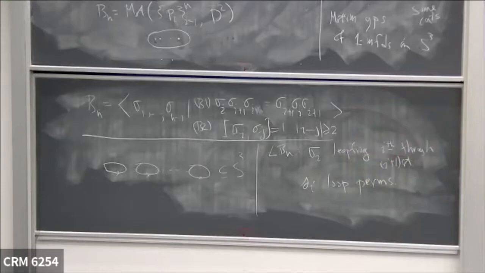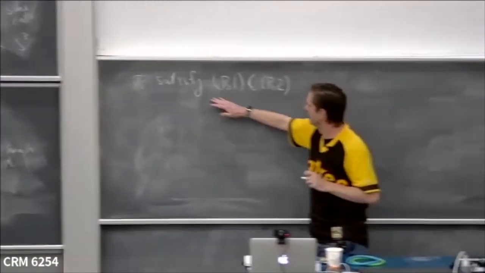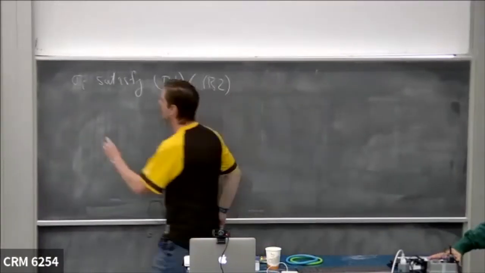The relations are that the sigma I satisfy B1 and B2. Okay. Remarkably, maybe, but if you just use these, if you sort of ignore the flip, they satisfy both of these. Okay.